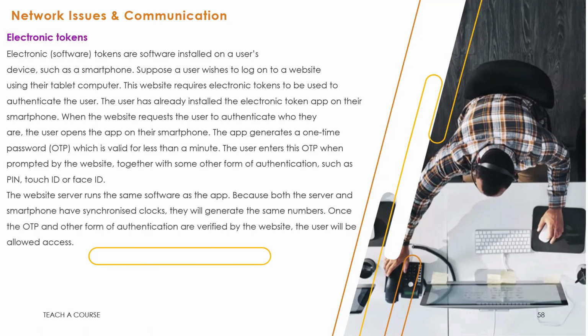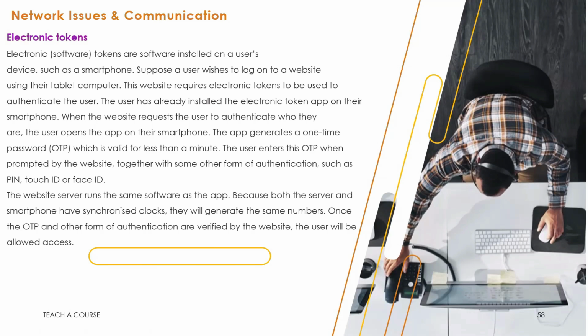The website server runs the same software as the app. Because both the server and the smartphone have synchronized clocks, they will generate the same numbers. Once the OTP and other forms of authentication are verified by the website, the user will be allowed access. So I'll give you an example of Microsoft Authenticator.